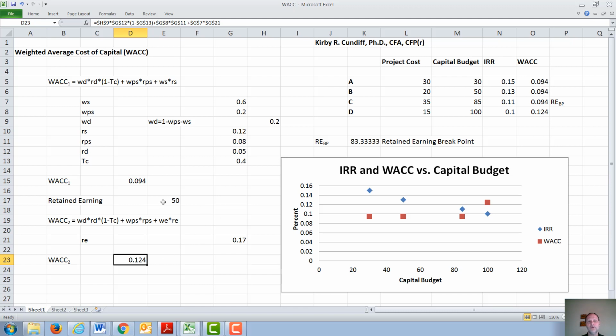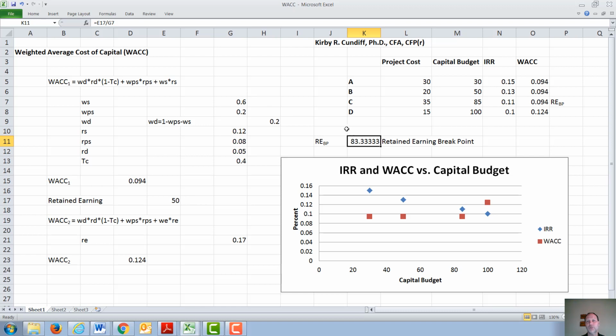If we consider a company with retained earnings of $50 million and an equity fraction of 60%, or 60% of the capital budget has to be financed with retained earnings, then we can calculate something called the retained earnings breakpoint, which is the retained earnings divided by the equity fraction.